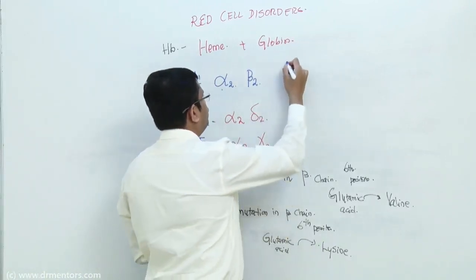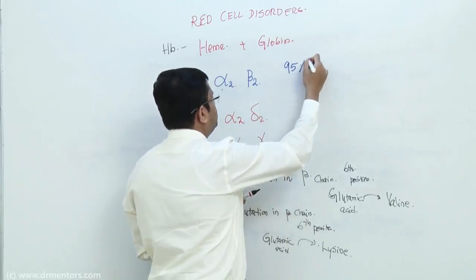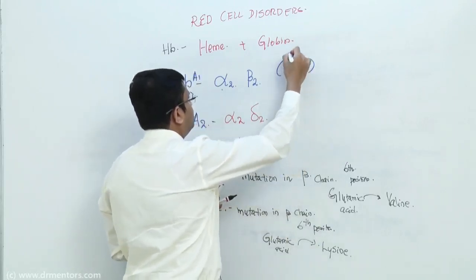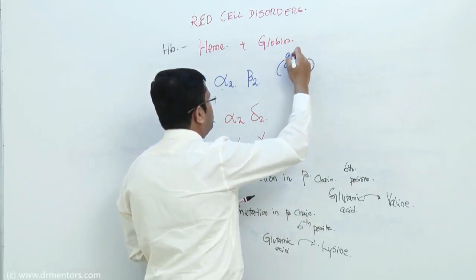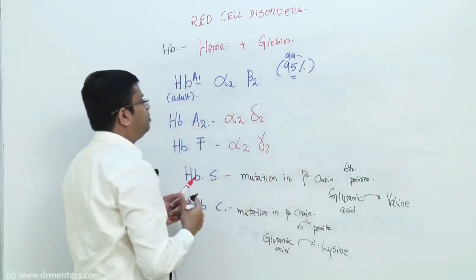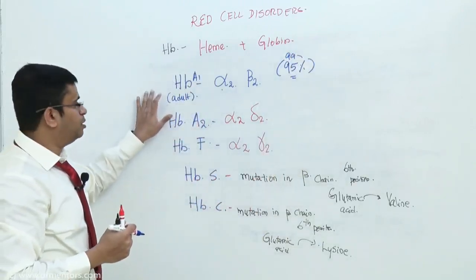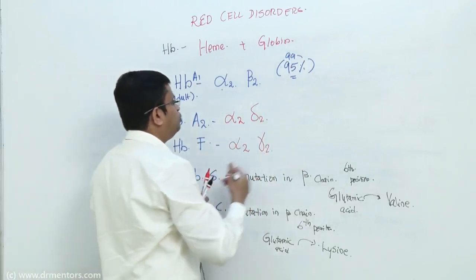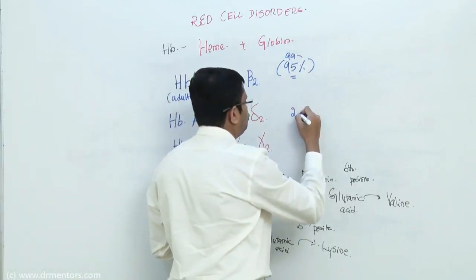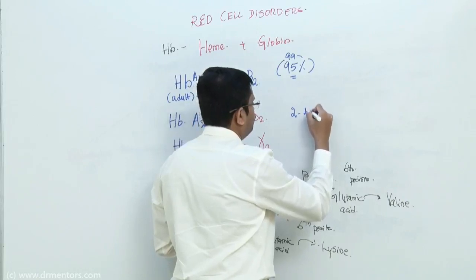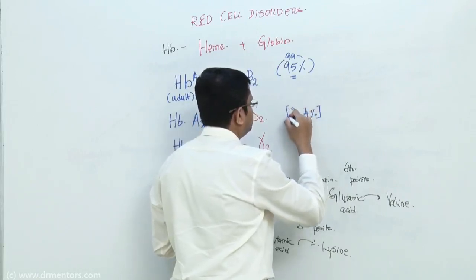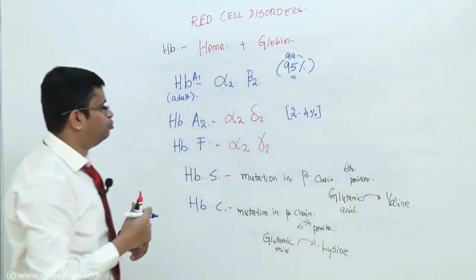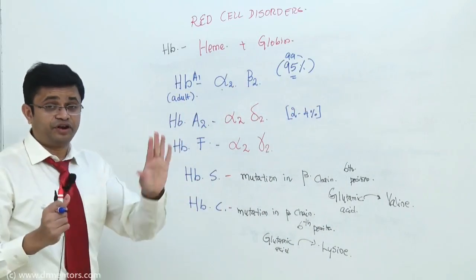If you look into the normal percentage, 95 to 99% is basically your hemoglobin A1. Your hemoglobin A2 value is roughly around 2 to a maximum of 4%. The normal range is around 2 to 4%, and anything beyond 4% is definitely abnormal.